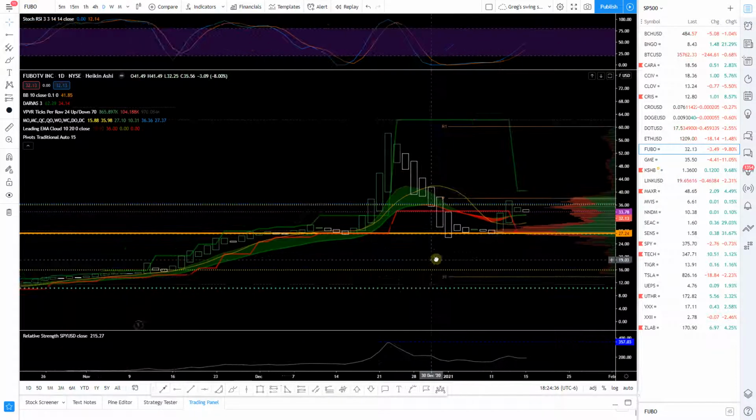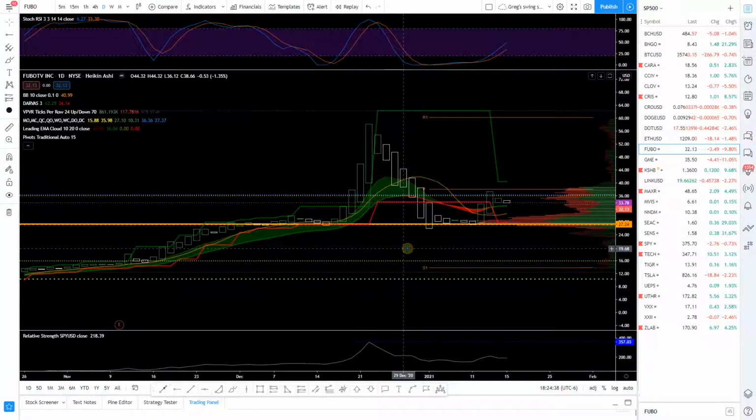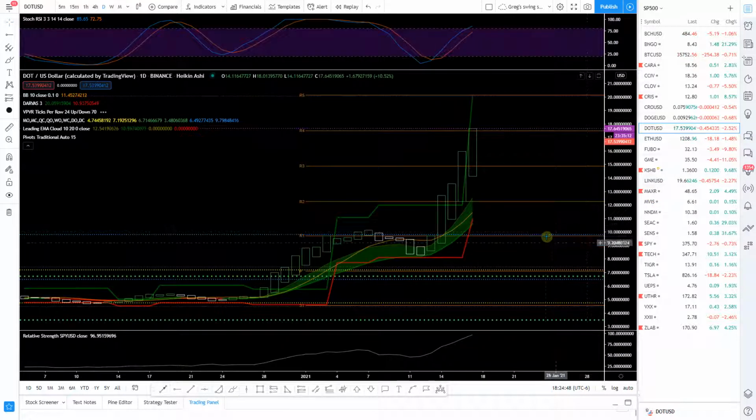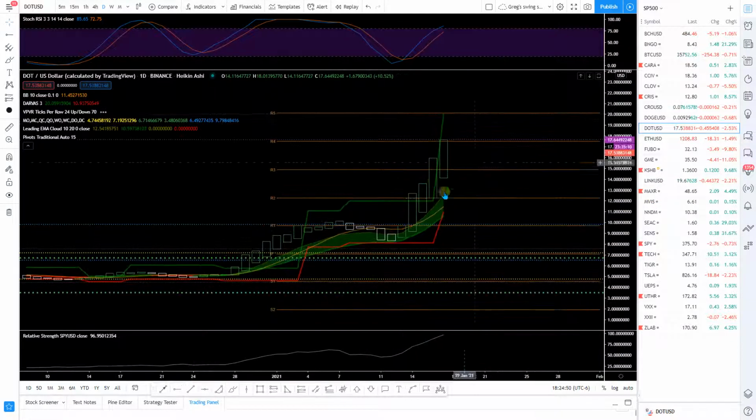So putting it all together to give you an idea of what is the strongest, most bullish assets out there. Right now, I'm really loving this Polkadot just because there's no overhead at all. So all these other resistances are all way down here. It's really outperforming. This is still SPY, but it's obviously outperforming SPY and Bitcoin.